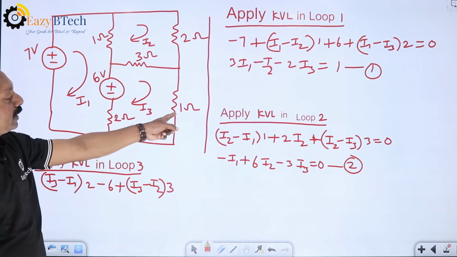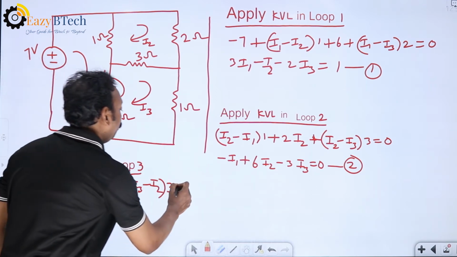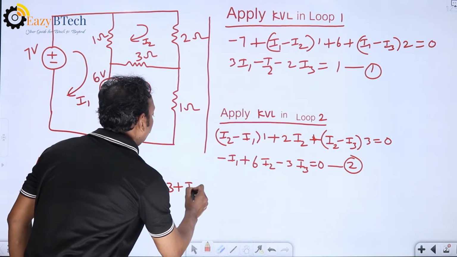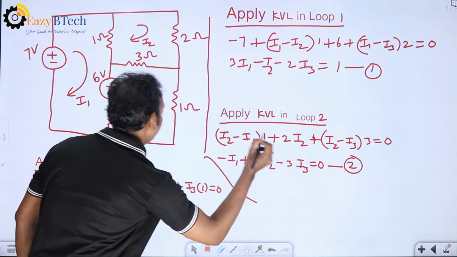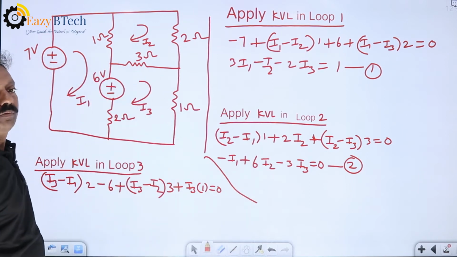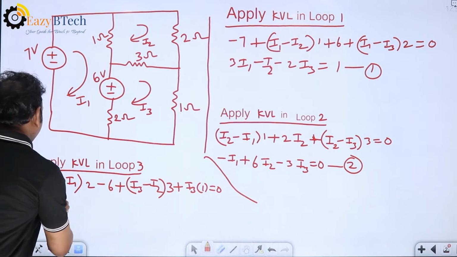And now what is the voltage across 1 ohm? Current through 1 ohm is I3 only. That is I3 into 1 equal to 0. This is the third loop equation. Just simplify this one. What is the I1 coefficient?